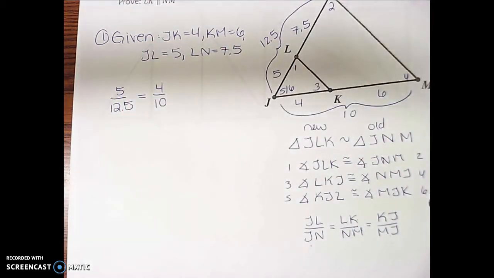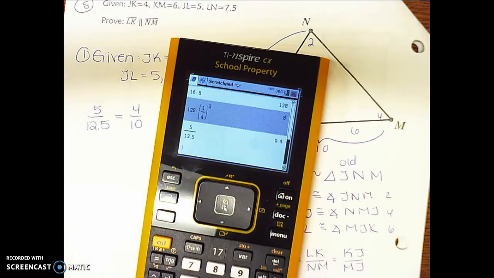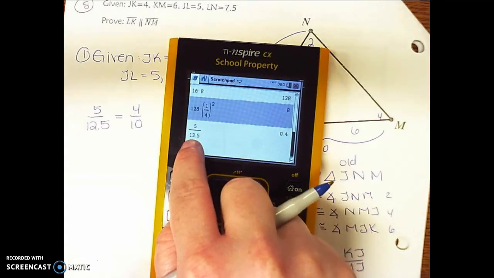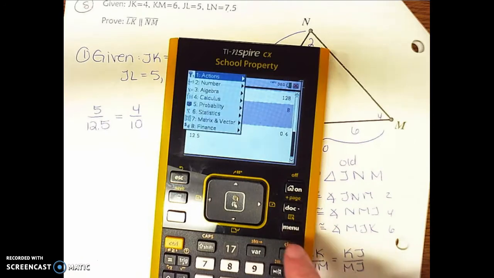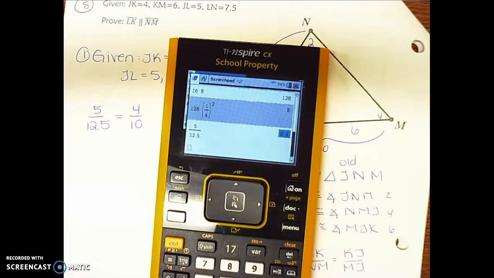Okay. And the next step is to use my calculator to check to see that those are actually equal scale factors. So I'm just going to type them in. 5 divided by 12.5. And it gives me a decimal because my 12.5 is a decimal, so I'm just going to hit menu. Hold on. I'm going to go up and grab it and bring it down.